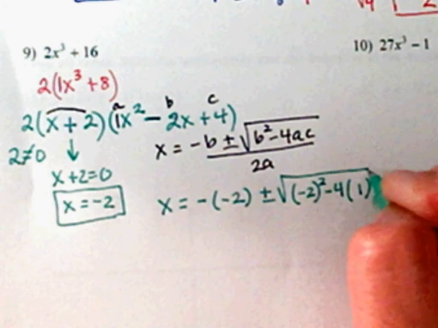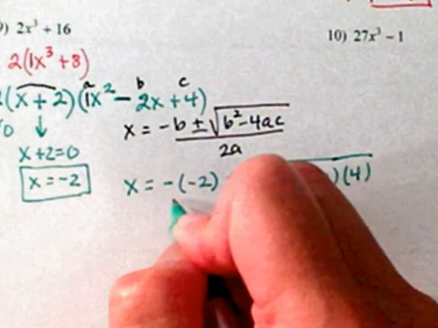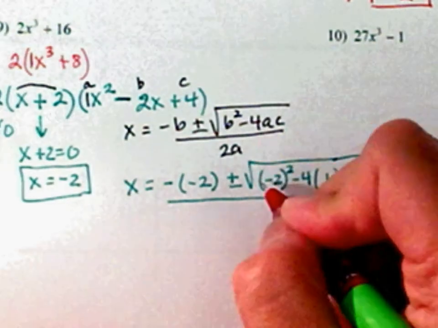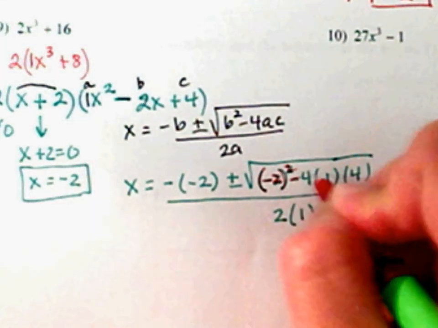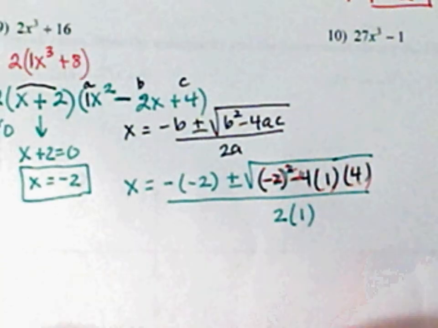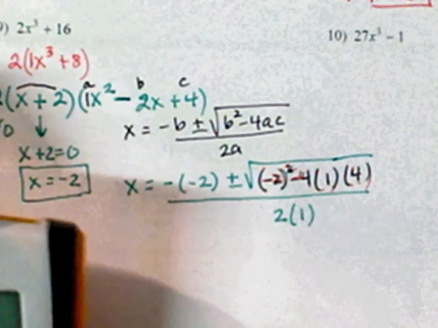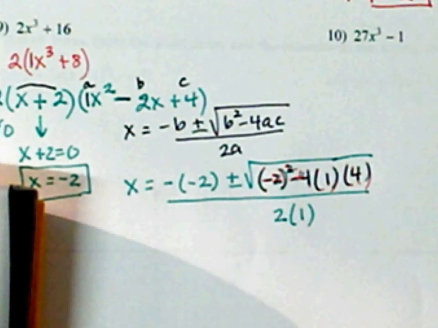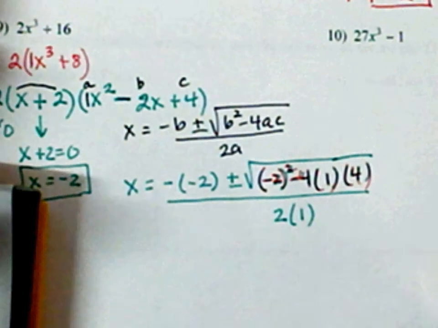Okay? All of it over 2 times a. Do the part in red first on your calculator. Okay? Always do that part first. So, here we go. 2 squared minus 4 times 1 times 4 comes out to be negative 12.